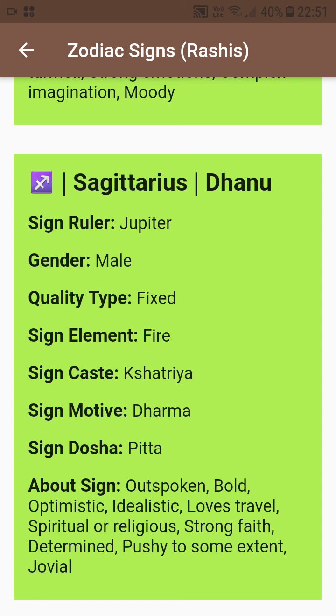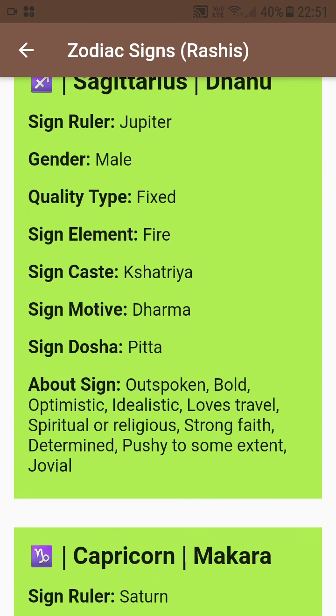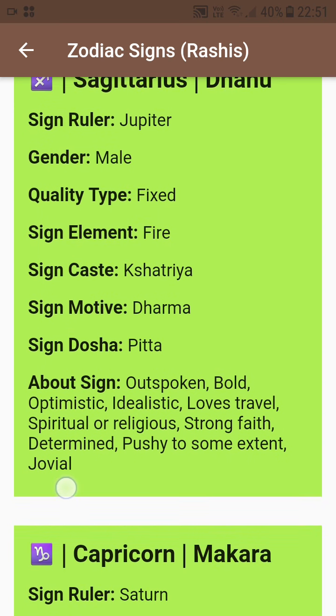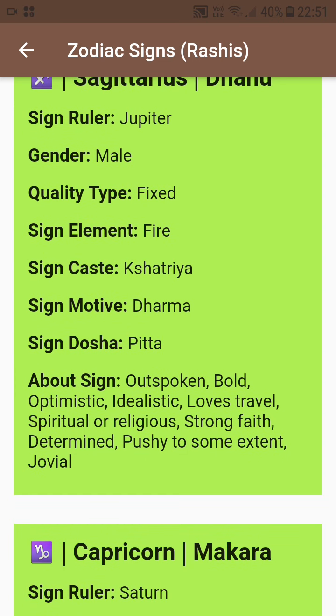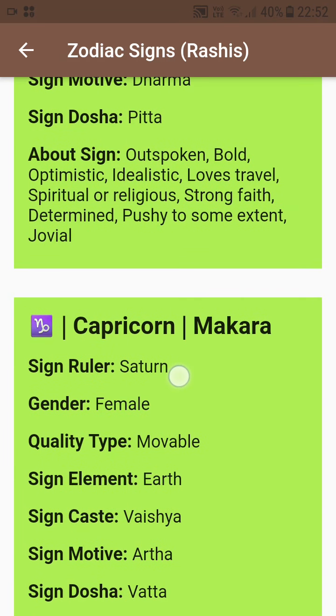And then we have Pitta Dosha, outspoken, bold, optimistic, idealistic, loves trouble, spirituality and religion, strong faith and determined, pushy to some extent, and jovial in nature. Okay, so this is Jupiter, a fixed fiery sign.